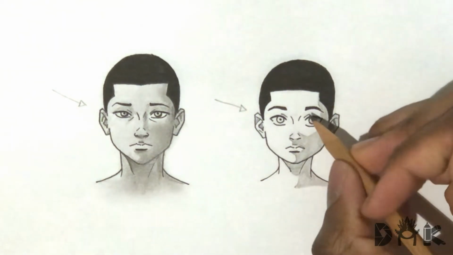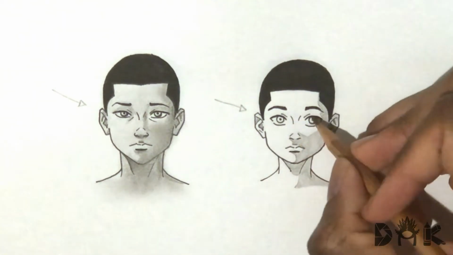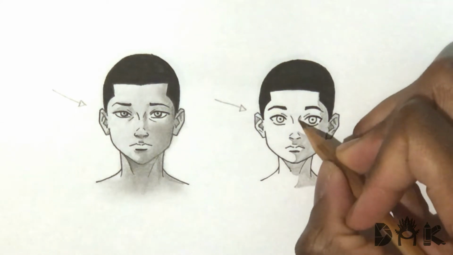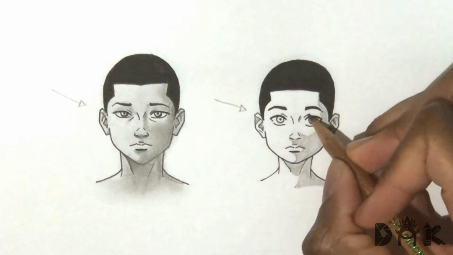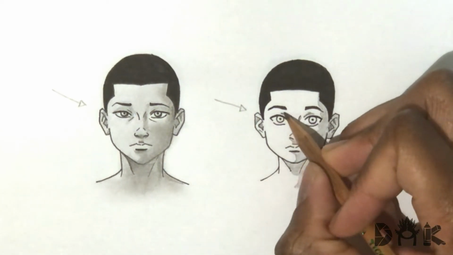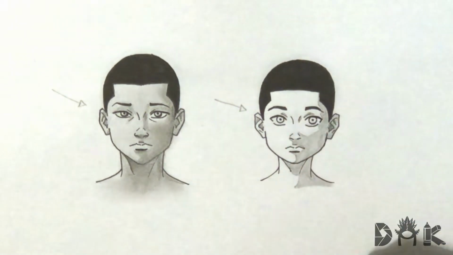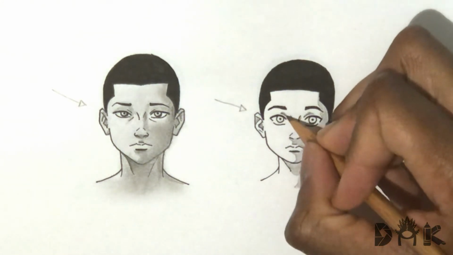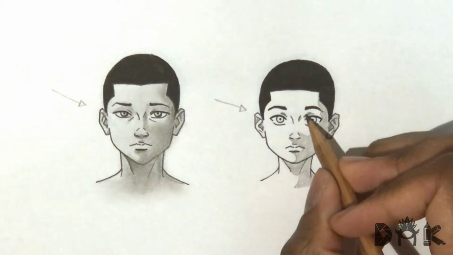Then we could have some shadow right here underneath the eyes, by the folds of the eyelid. Yeah, that is it.